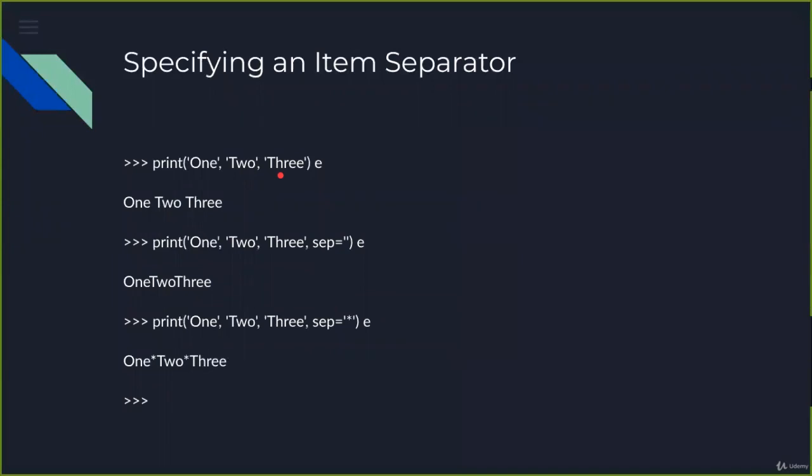Let's move on. So we do have an item separator. We did see in our previous class that we had printed two or three more strings, integers, or floating point numbers by simply separating them with commas.